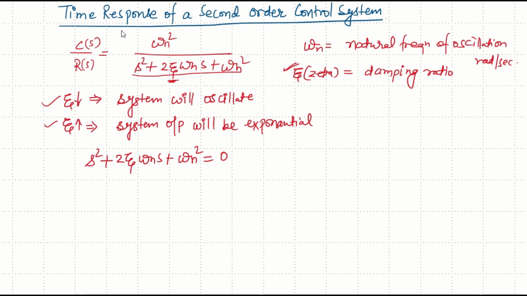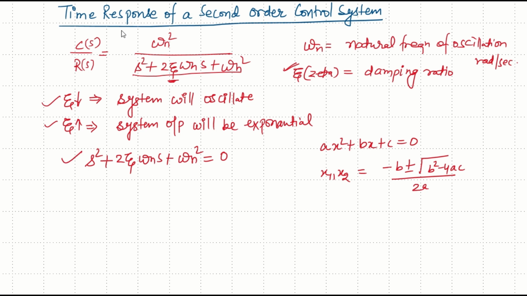Now, it is a quadratic equation, and we know that for a quadratic equation a x square plus b x plus c equals 0, the two roots x1 and x2 are given by minus b plus or minus under root b square minus 4ac, divided by 2a. So we can determine the roots of this quadratic equation.